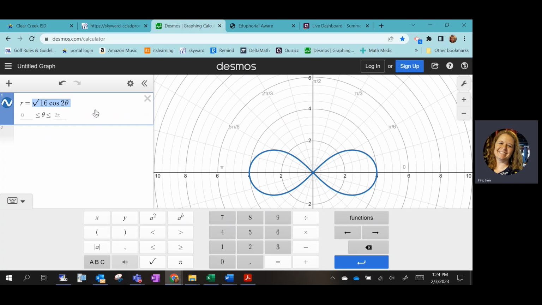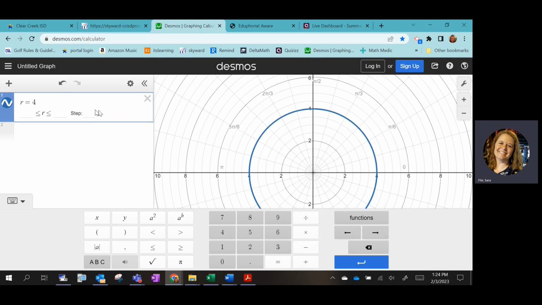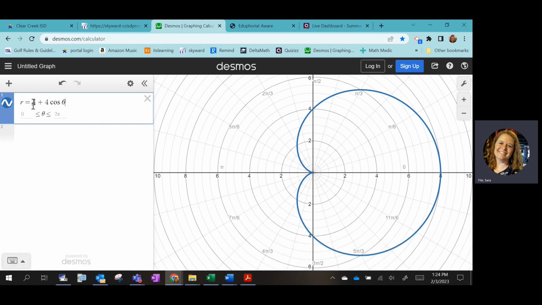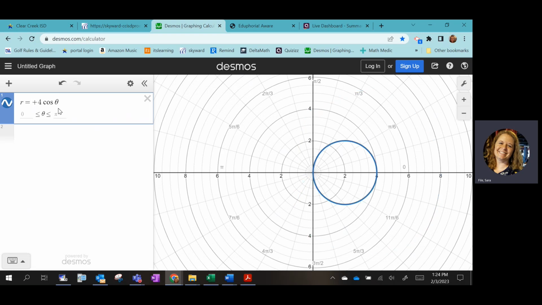We could get our limaçons, which were in the form of a number plus another number cosine theta or sine theta. Okay, that one's a cardioid because the a and the b are equal. If I made this number smaller, so now if that's gone, there's a circle.